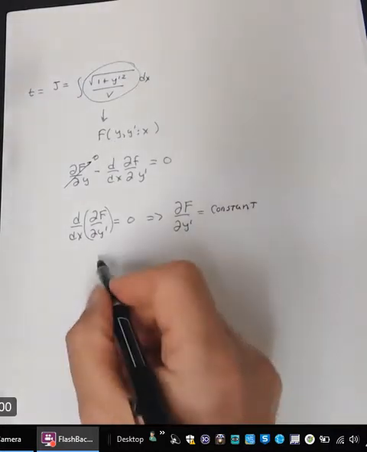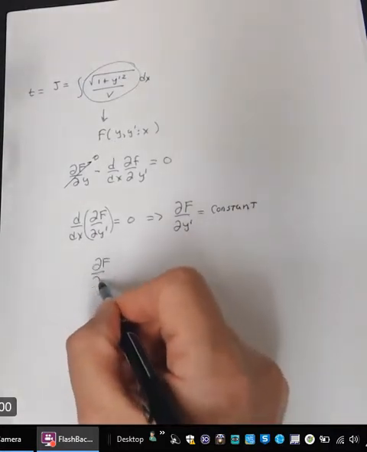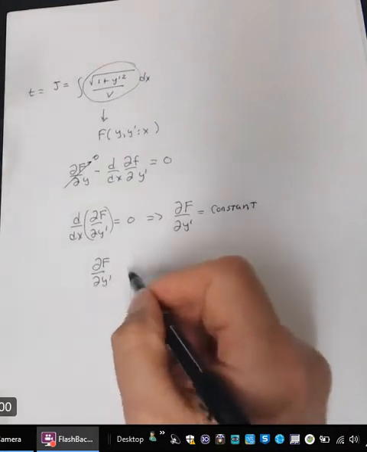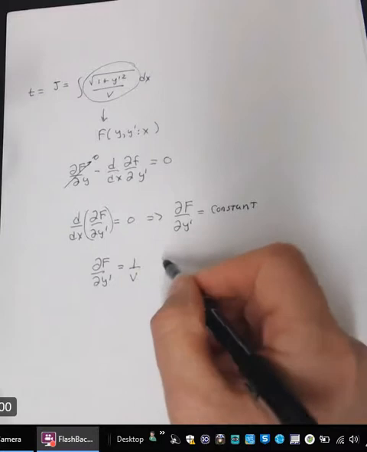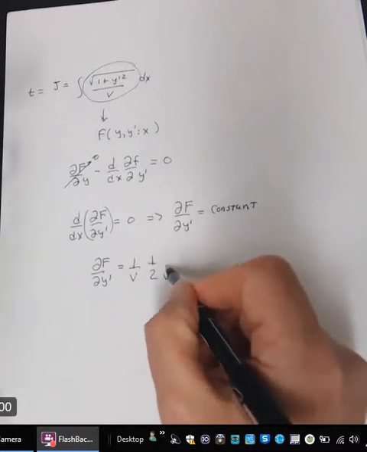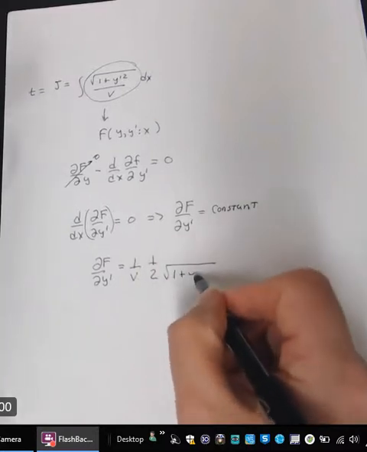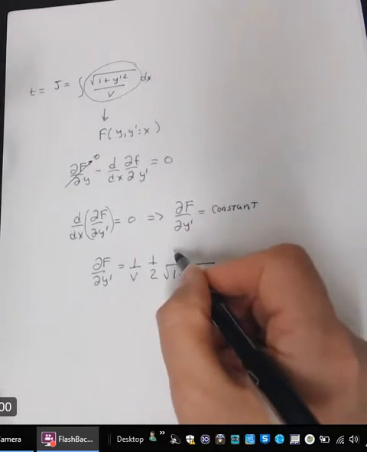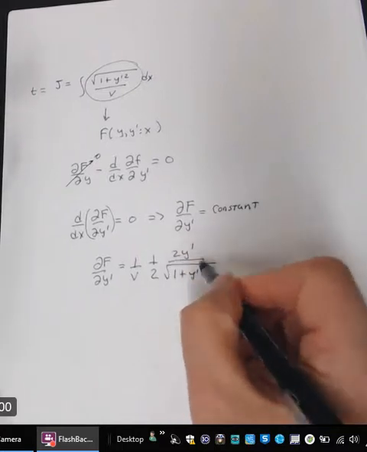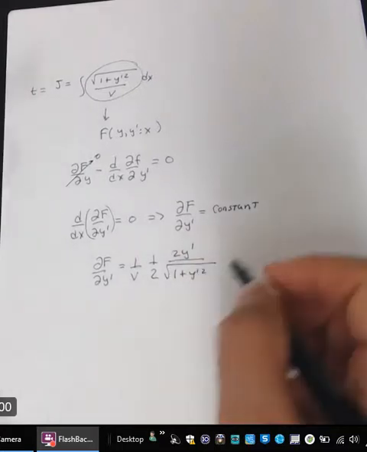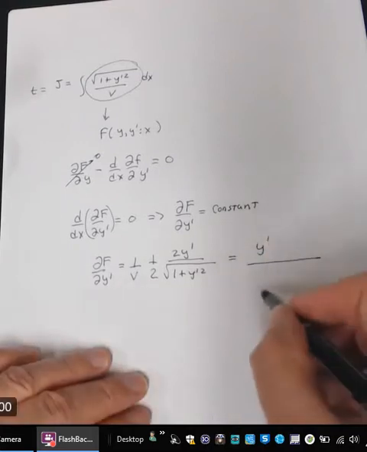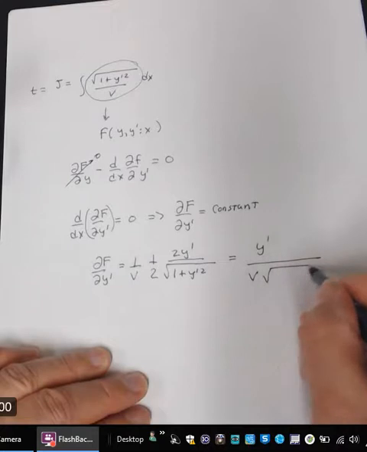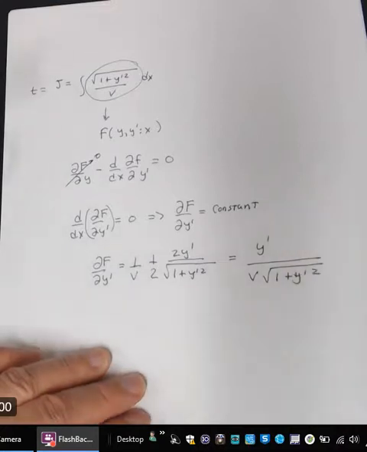So what is the partial of f with respect to y prime? That's equal to, I pull out the 1 over v, 1/2 square root of 1 plus y prime squared times 2y prime. Y prime over v square root of 1 plus y prime squared.